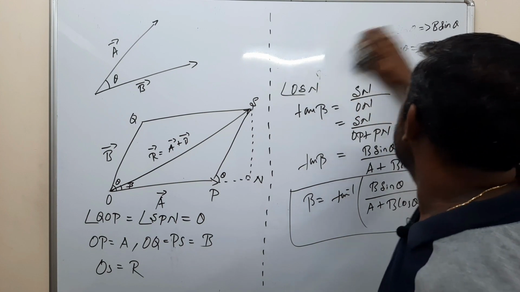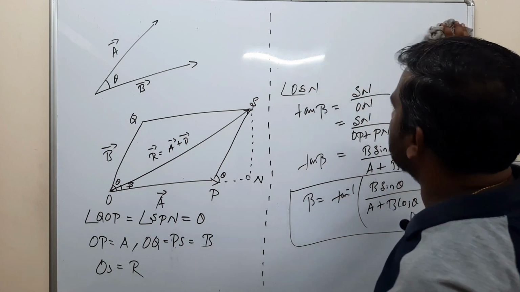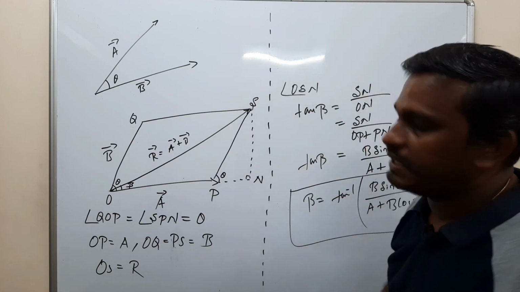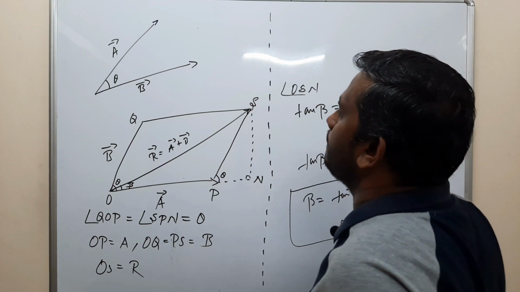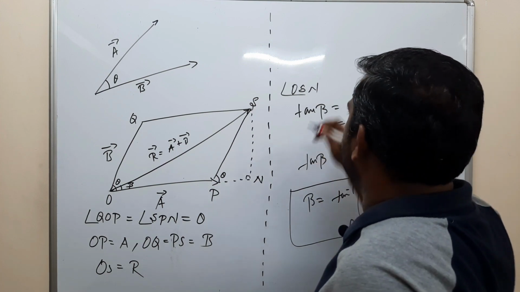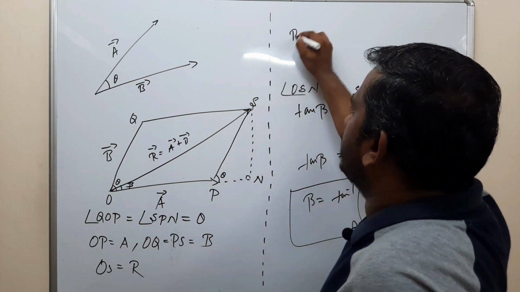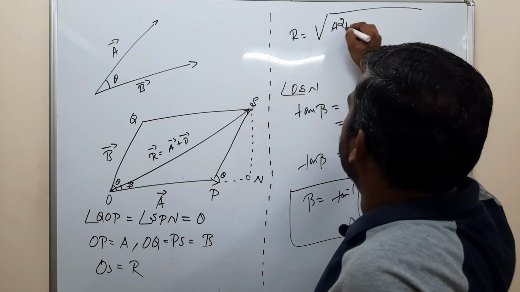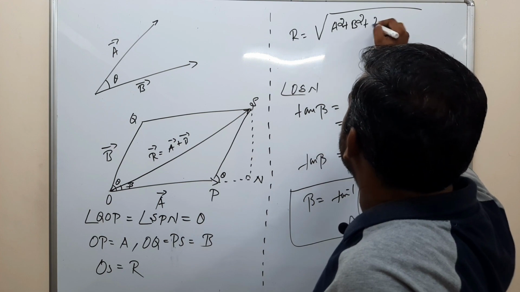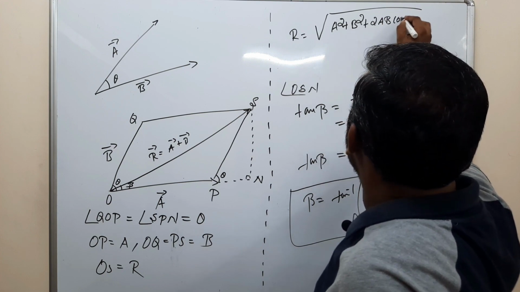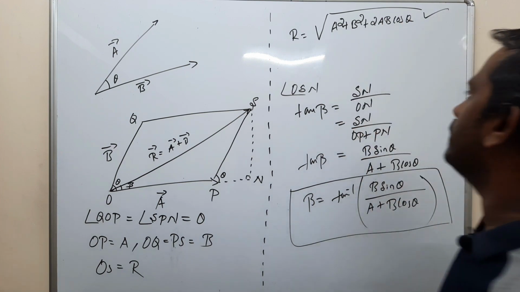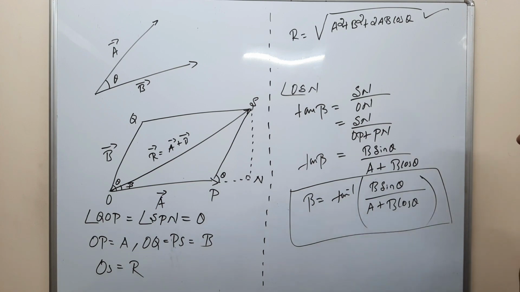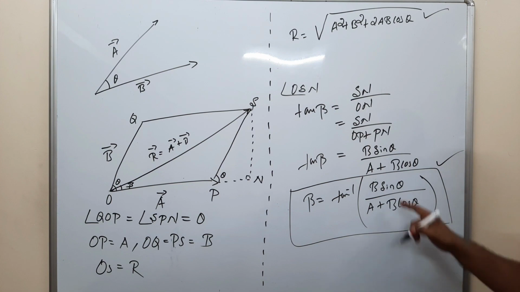If two vectors are inclined at an angle theta, what is the magnitude of the resultant? That is equal to square root of a square plus b square plus 2ab cos theta. This gives the magnitude of the resultant, and the direction of the resultant is beta equal to tan inverse of b sin theta divided by a plus b cos theta.